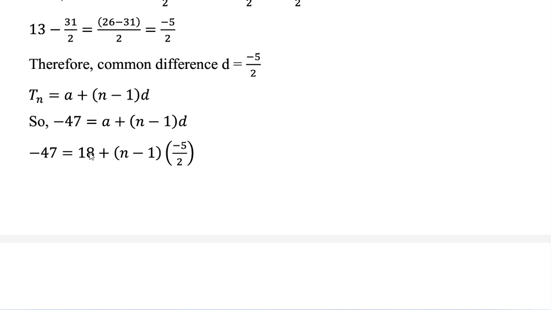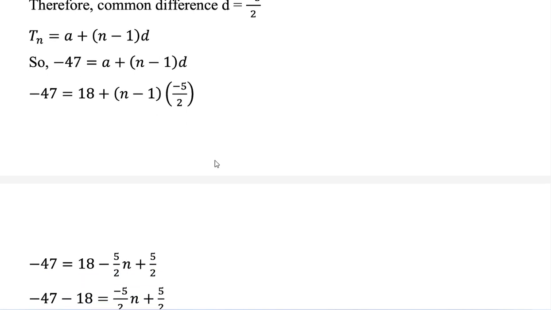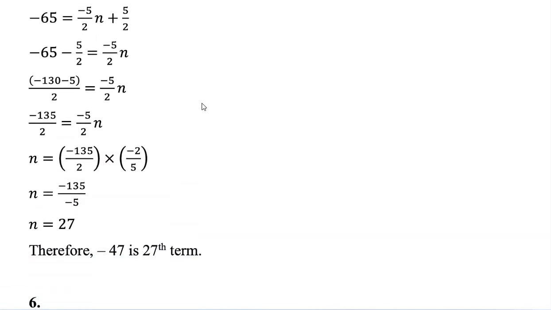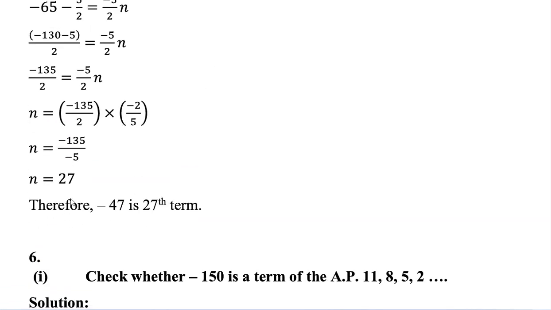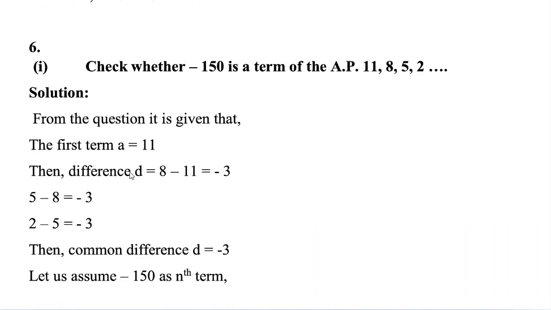Put the values of A, put the values of D. n will remain in the equation, one equation with one unknown variable, so we can solve it. After a few steps of simplification, we will get n equal to 27. So the 27th term is minus 47. Come to the next problem.